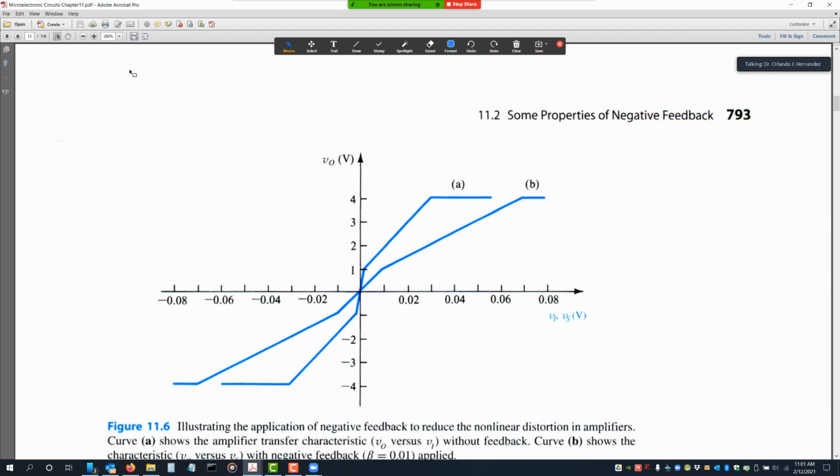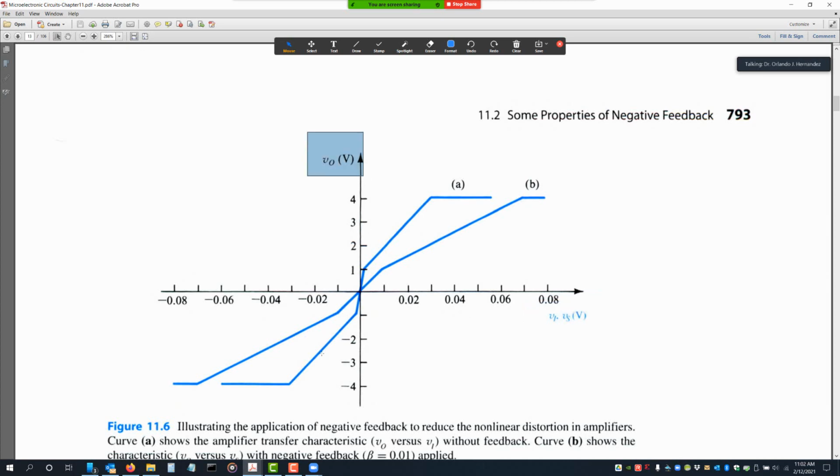And this curve A refers to the open loop nature of the amplifier. So you may have some linearity. So this is a V input. So this is the input to the amplifier versus the output.